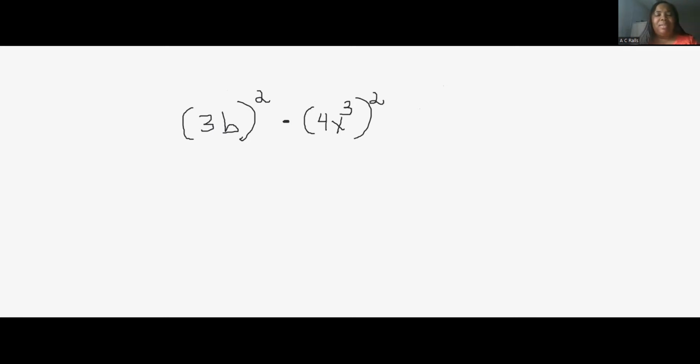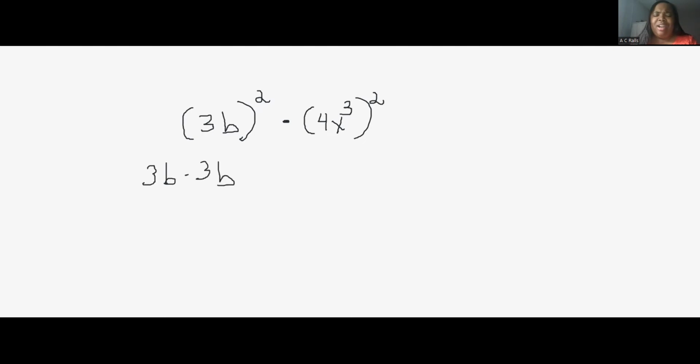What does that mean? Again, the exponent tells how many times to use the base. Since this 3b was written in parentheses and then the exponent is around it, we technically want to see 3b twice. So technically that problem above is 3b times 3b.